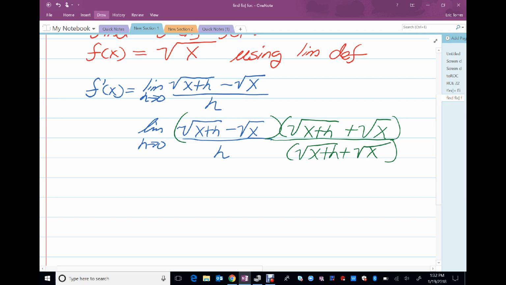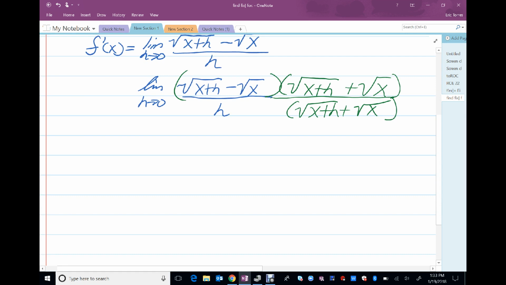Now, when I do that, what I have is a minus b times a plus b gives me a squared minus b squared.